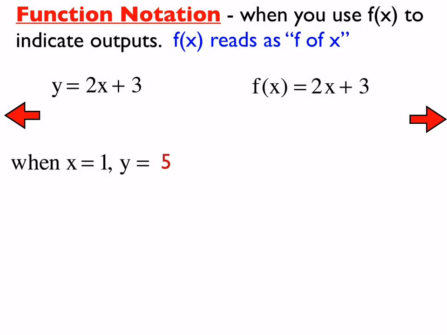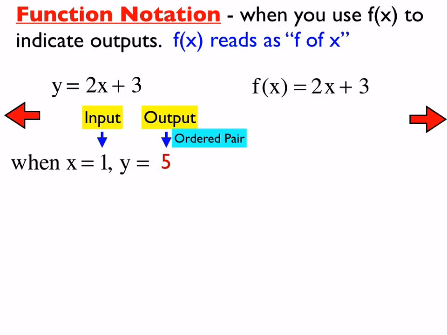So when we evaluate that equation, when x equals 1, y is equal to 5. Now several things are happening here. Remember, 1 is the input, and this is where we should start filling in some extra stuff in our notes. 5 is the output. And then also that leads us to this ordered pair right here, 1 comma 5.